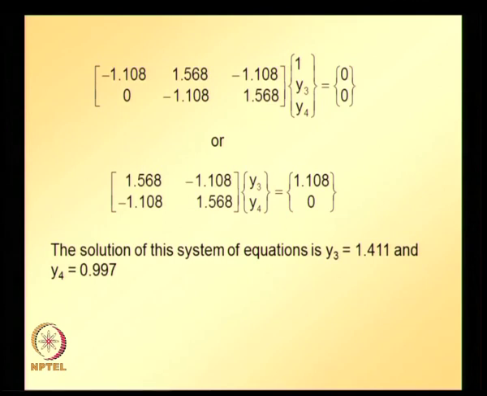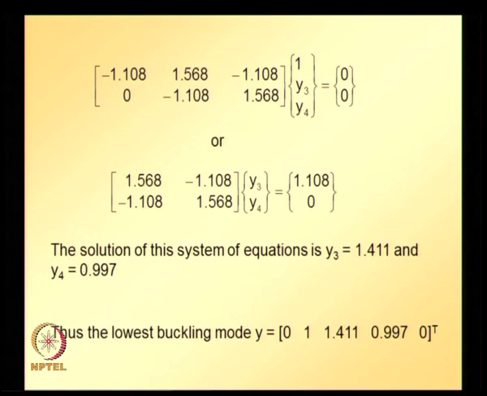So for the lowest buckling mode, by putting the values y1, y2, y3, y4 and y5 in a vector, we get the first or lowest buckling mode vector like this.